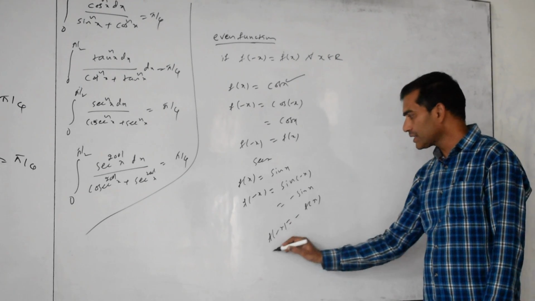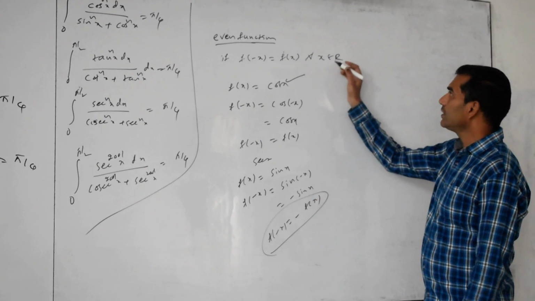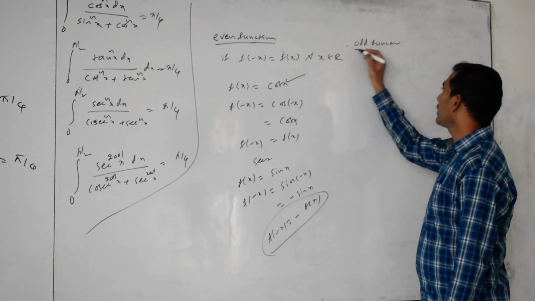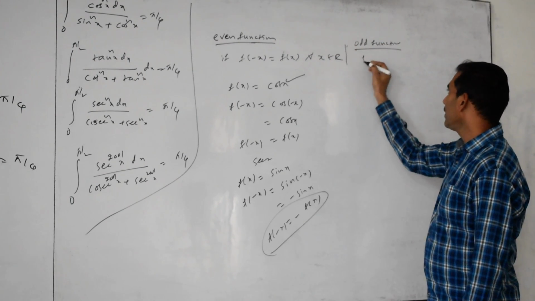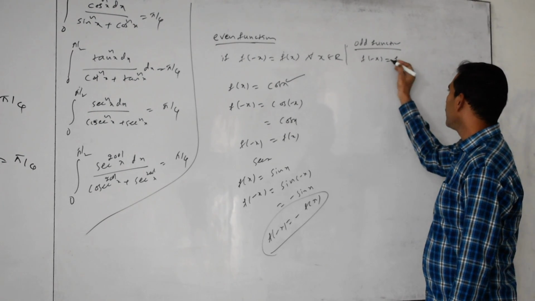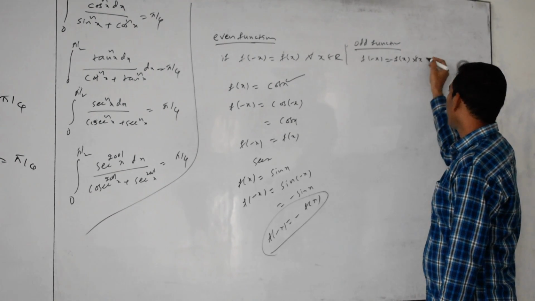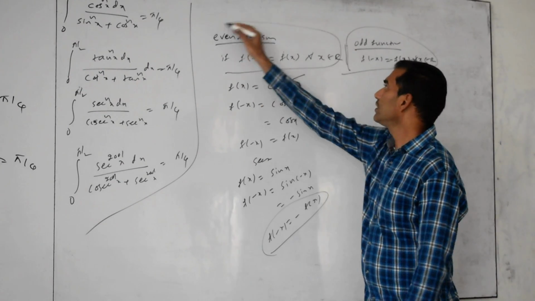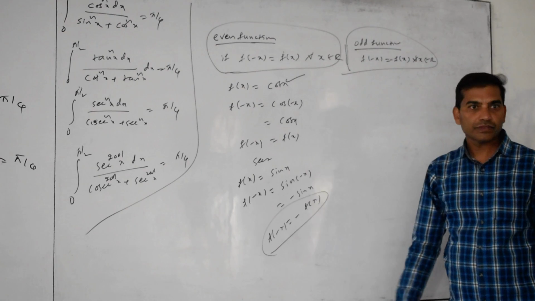If f of minus x equals minus f of x, then the function is called an odd function. The function is said to be odd if f of minus x equals minus f of x for all x belongs to R. This is an even function and this is an odd function.